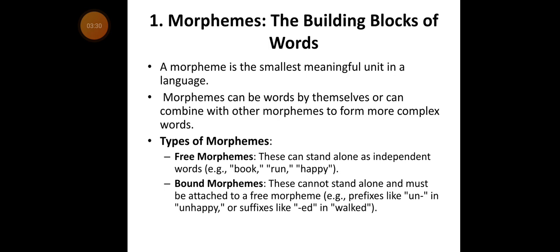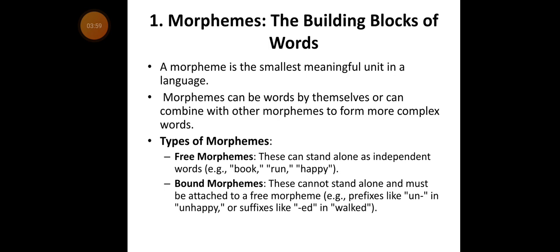If you write un, it is meaningless. No one understands what you are trying to say. But when you attach this un with happy, which is a free morpheme, it makes unhappy. So unhappy is now a meaningful word. So bound morphemes are attached to free morphemes to make more complex, meaningful words.